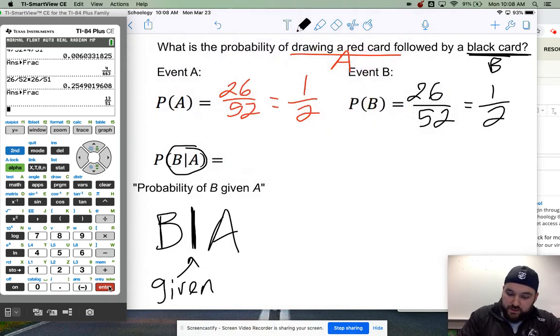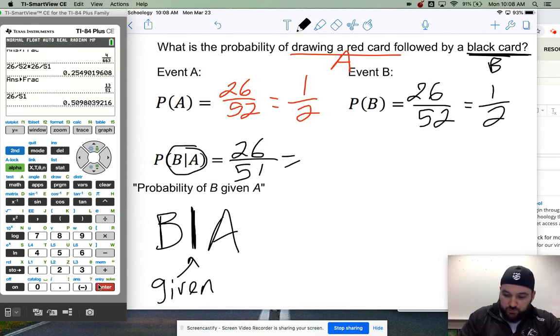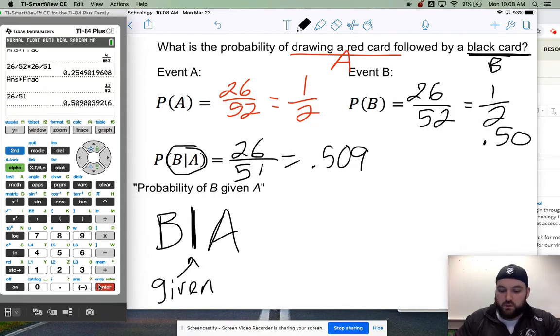And what we saw is that that does change the probability. Instead of 26 out of 52, it's 26 out of 51, which is slightly higher than 50%. So the given probability is 0.509. This was just 0.50. So the probability of drawing a black card goes up if you've already taken a red card out of the deck.